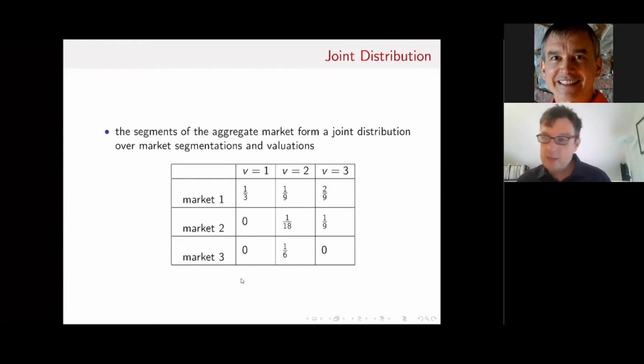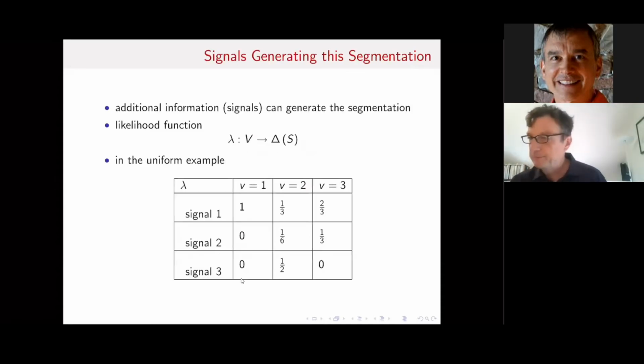Okay. So what this shows us is that the market segmentation that we suggested is a feasible one. And in the sum, they're going to lead us back to the aggregate market. So it's a feasible joint distribution. It's a feasible segmentation of the market. Okay. And I formulated this problem directly in terms of a segmentation.